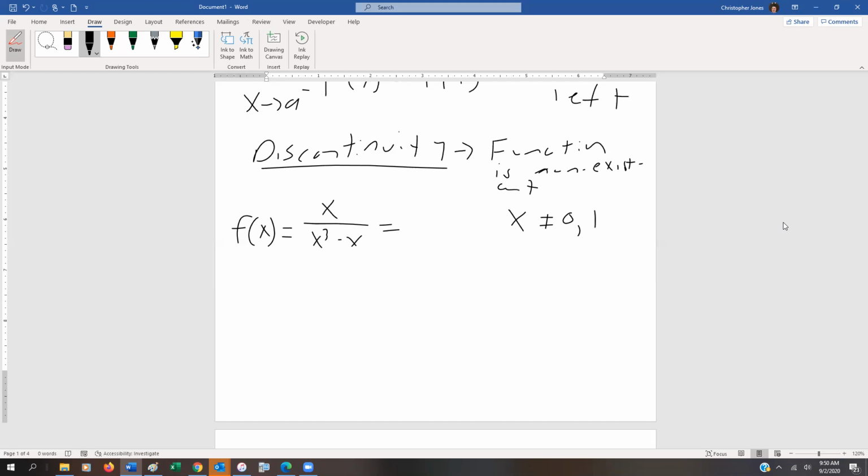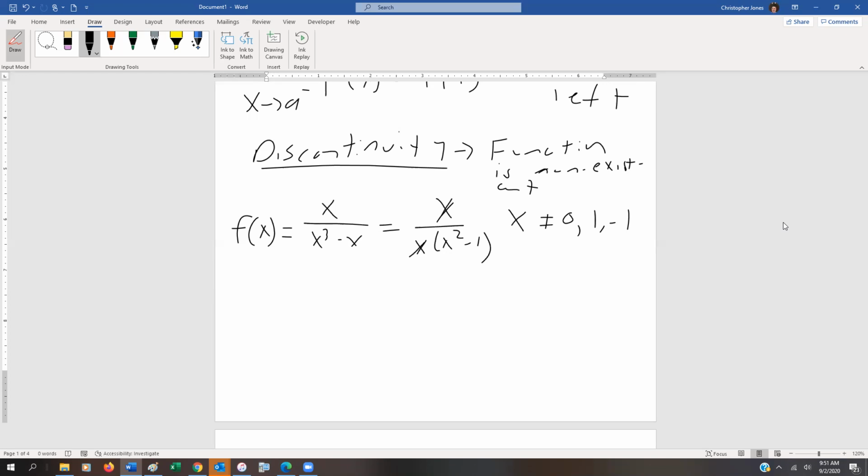But if we simplify this by factoring out an x from the denominator, we can see actually that x cannot be equal to plus or minus 1, but it can't be equal to 0 either. All right, so what's the issue with this? Well, there's actually two types of discontinuities going on here.